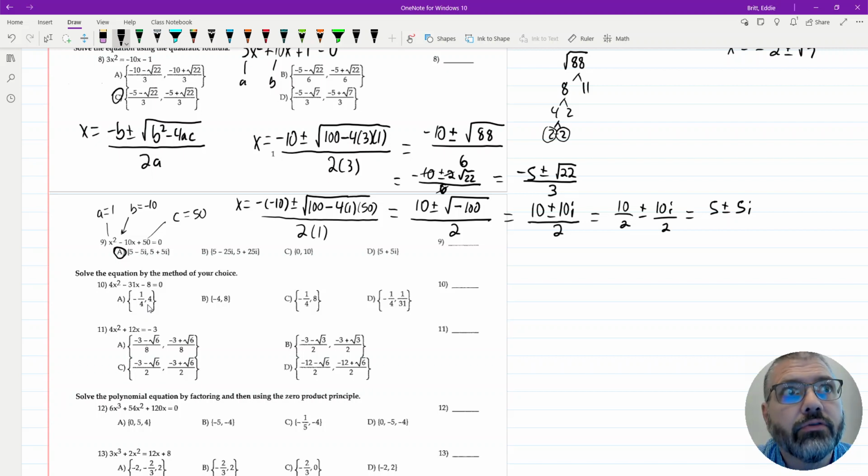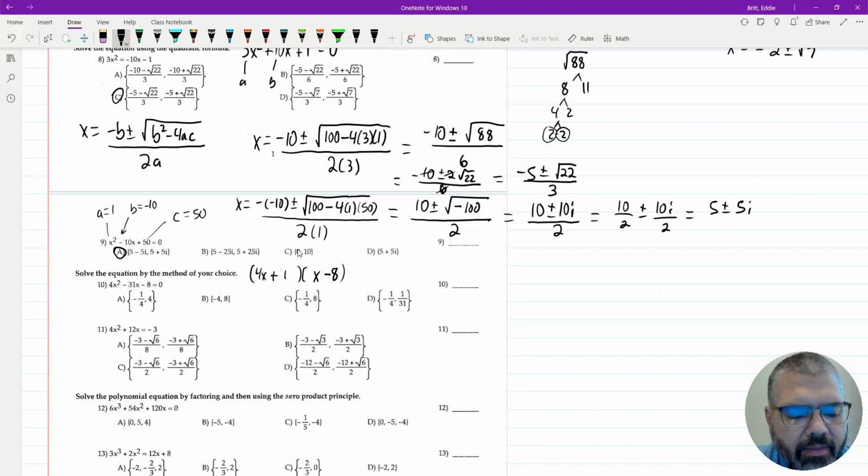That's really close to the middle term. So whenever I factor this, I'm going to put my 4x right here and my negative 8 right here. And then I'm going to put my other number in, which would be a positive 1, right?